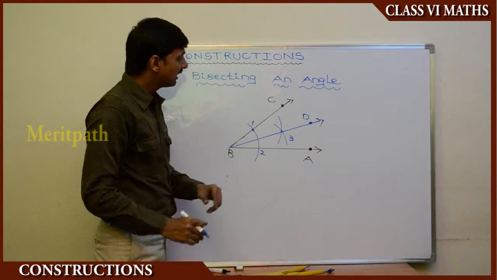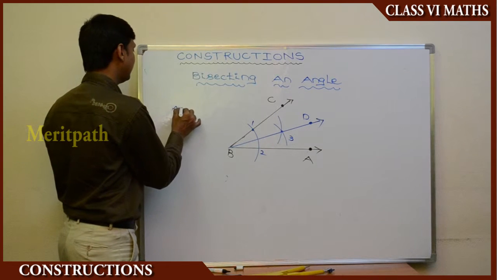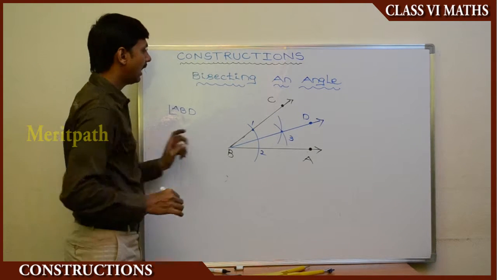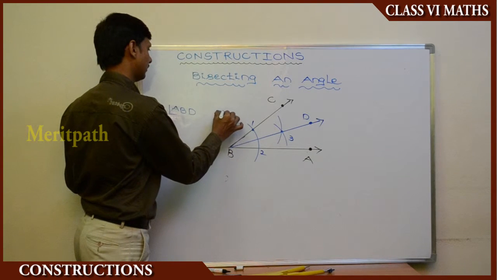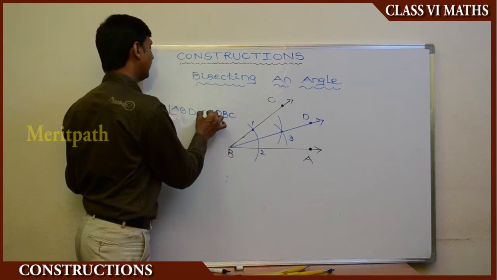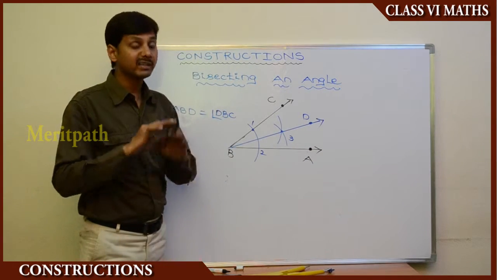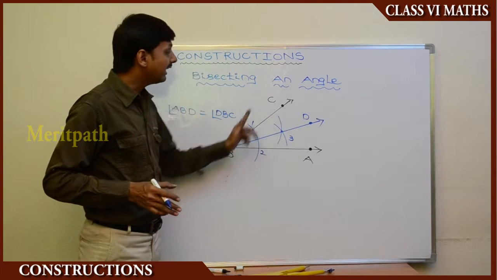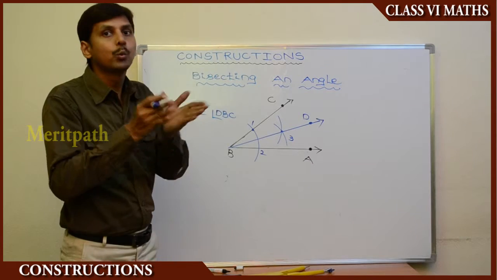Now let's observe angle ABD and angle DBC. Both will be equal. Angle ABD and angle DBC are equal angles because angle ABC is bisected. That means it is divided into 2 equal parts, 2 equal angles.